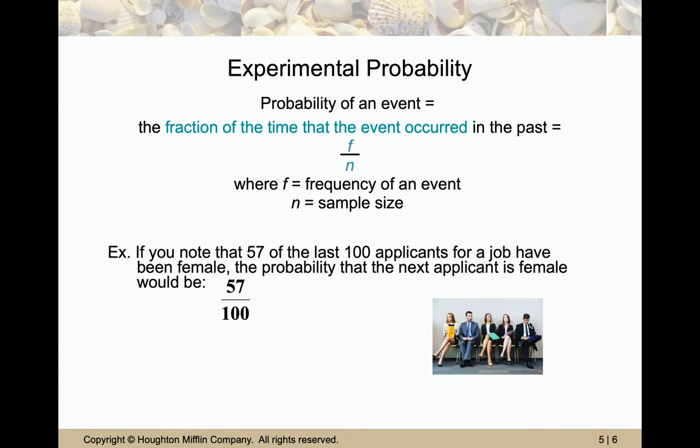Not necessarily the event you were interested in, but the event that could be divided up into, what I wanted happened, what I wanted didn't happen. So it's the sample size, more or less. So if you note that 57 of the last 100 applicants for a job have been female, the probability that the next applicant is female would be 57 over 100 based on the results you've seen so far.